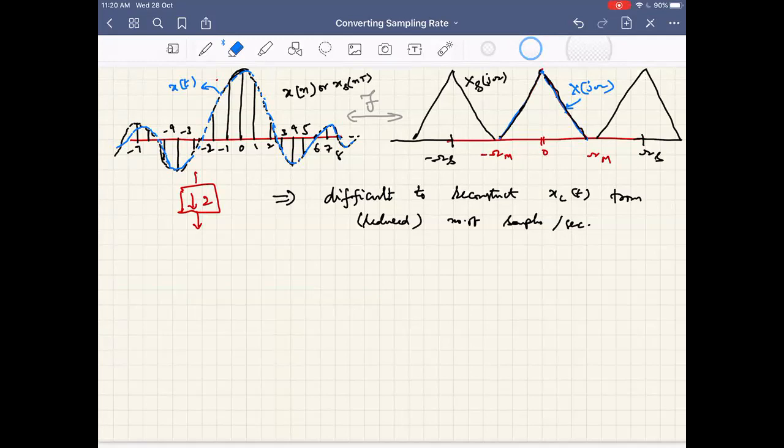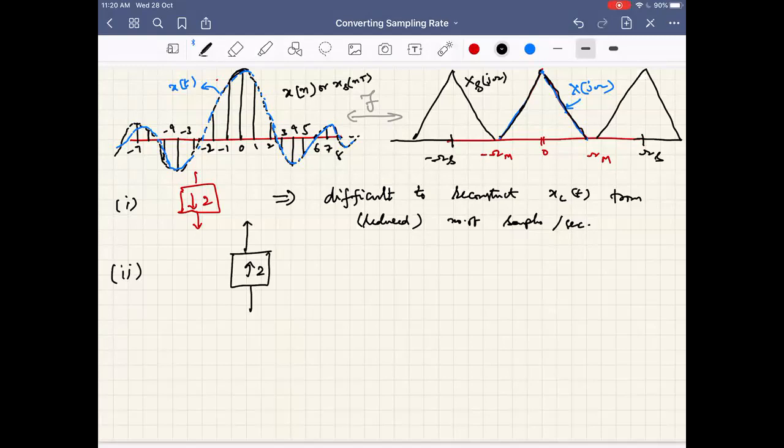That we will see. Second, let me do upsampling of the same signal by 2 times. For simplicity, we discuss everything with 2, but it is not mandatory.